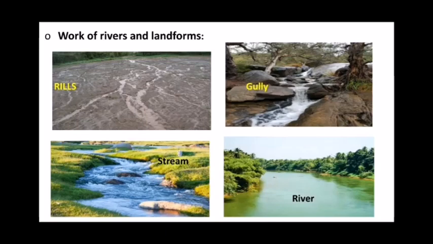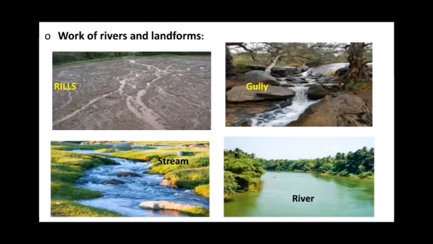So, children, the slope of the land, the type of rock, volume of water flowing in the river, the length of the flow, volume of sediments in the river, etc., are the major factors on which the erosional, transportational, and depositional work of the rivers depend.